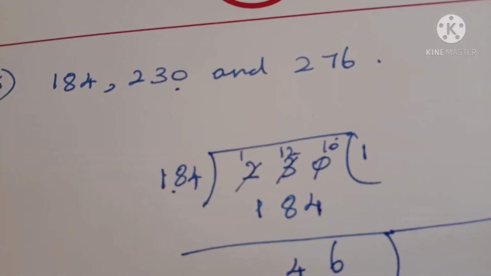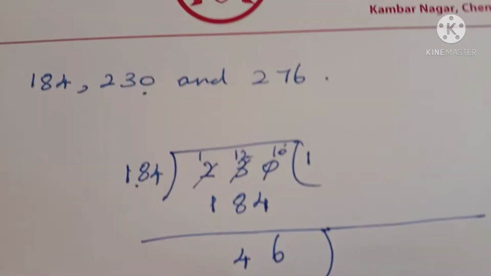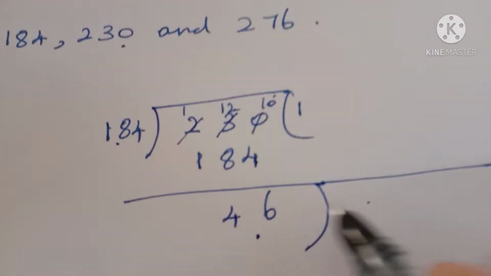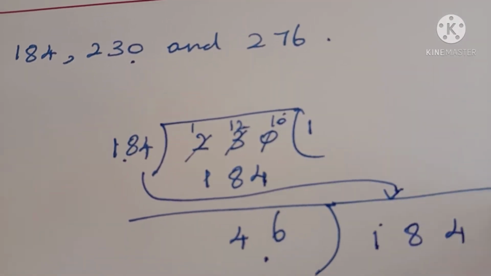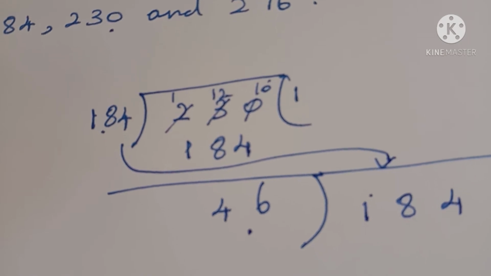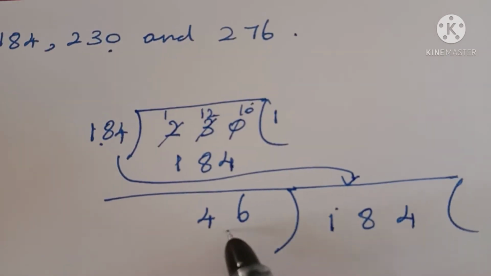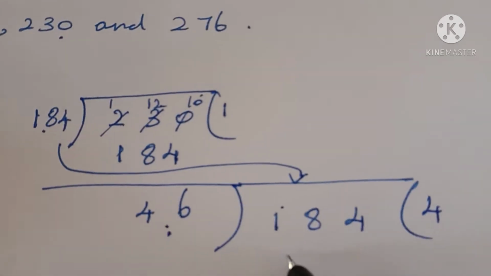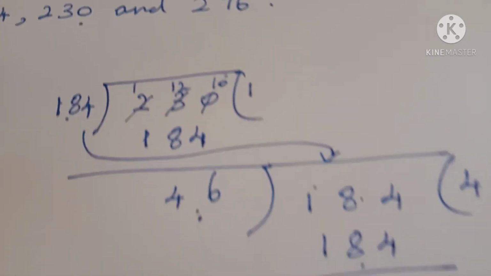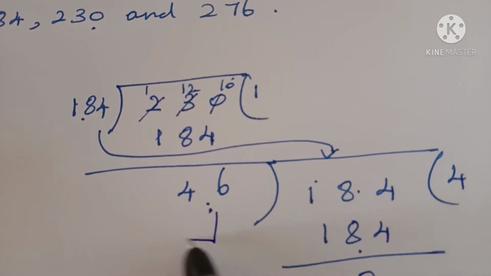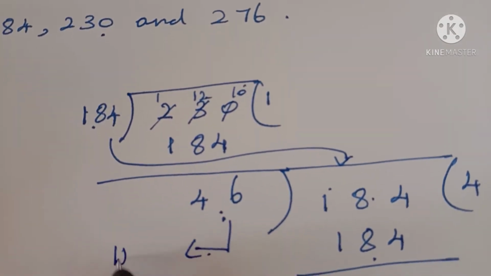Now your new divisor is 46 and the dividend is 184. 46 4s are 184. So 184 minus 184 is 0.